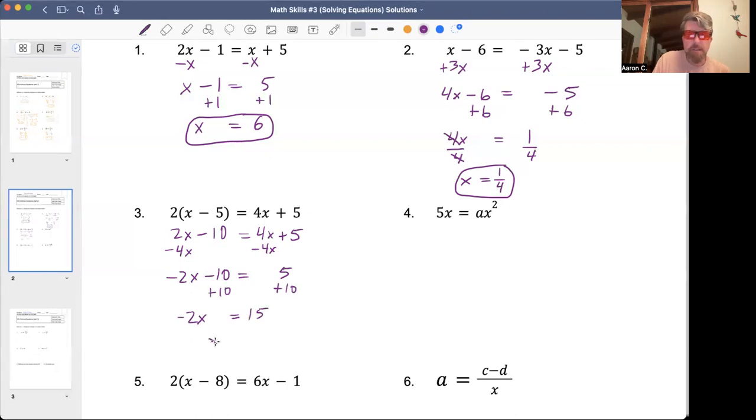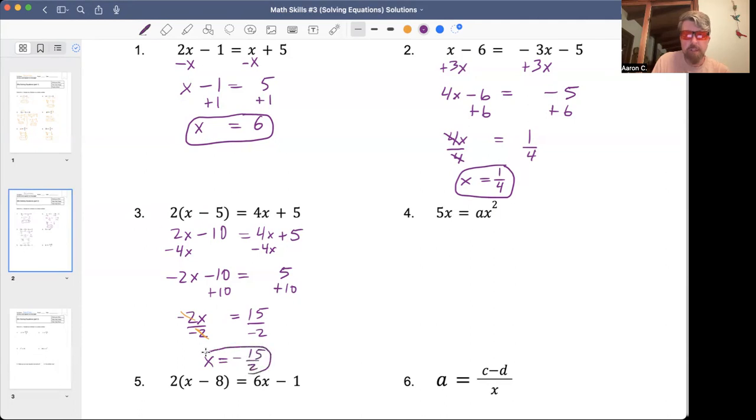And x, sorry, getting ahead of myself, negative 2, okay, divide by negative 2 on both sides. So the negative 2 on this side cancels out because negative 2 over negative 2 is 1. And then we end up with x equals negative 15 halves.